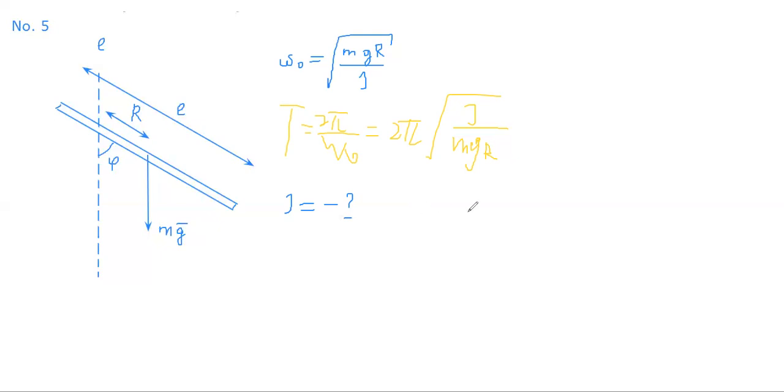I think maybe we can use the Huygens-Steiner theorem, or parallel axis theorem. According to this theorem, this will be I0 plus m r to the power of 2.